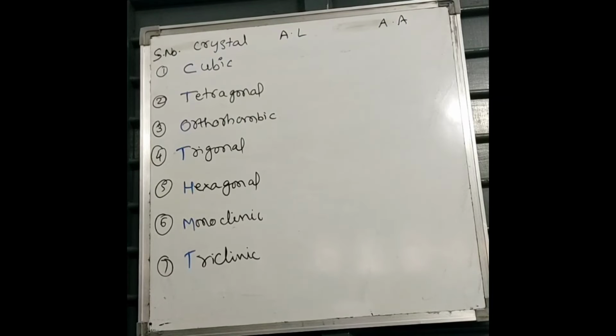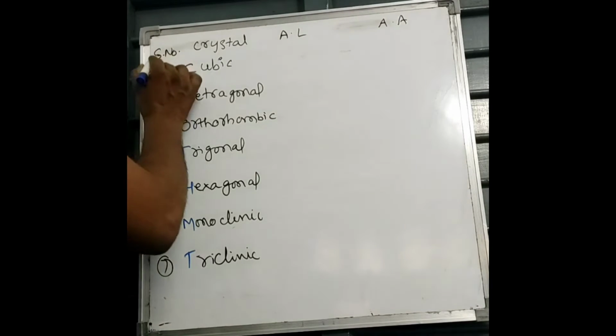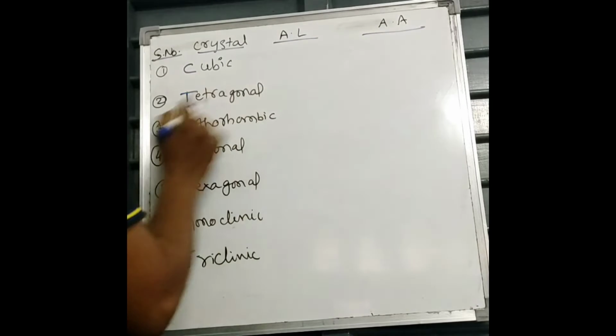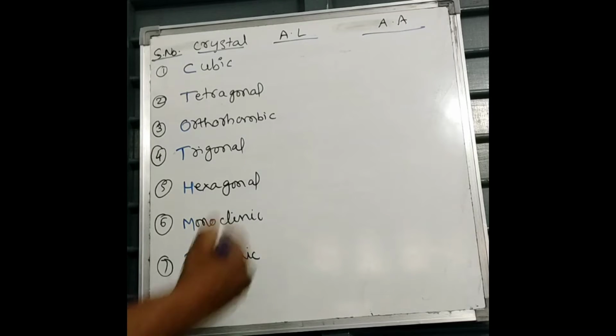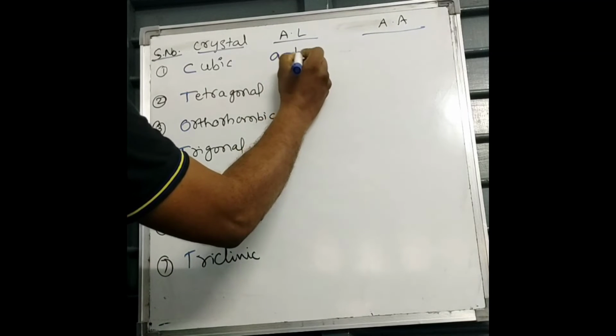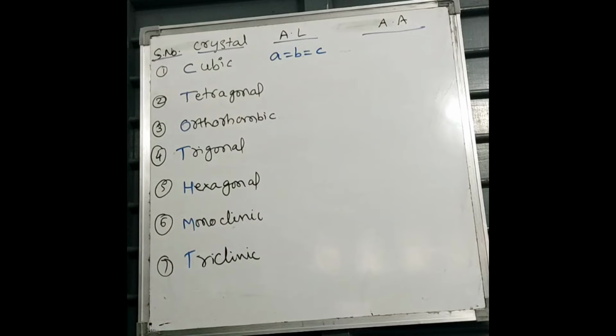Now see, in this order: cubic, tetragonal, orthorhombic, trigonal, hexagonal, monoclinic and triclinic. For axial lengths, we follow: A equals B equals C, all axial lengths are equal.